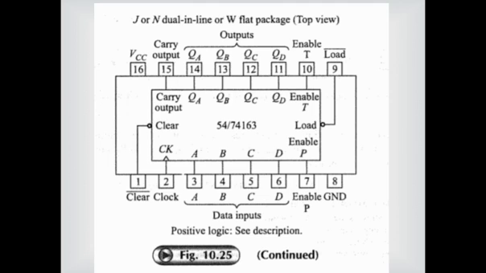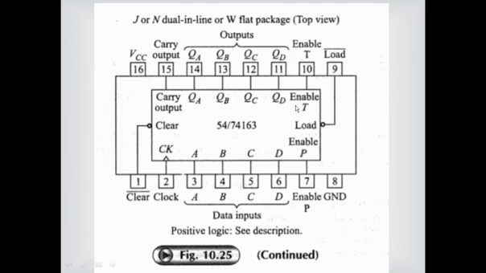Pin number 9 is the load input, and here a bubble is indicated. What does it mean? The load input is active low. That means when this pin is low, whatever data input ABCD is there is going to be loaded into the flip-flops on the next clock pulse.